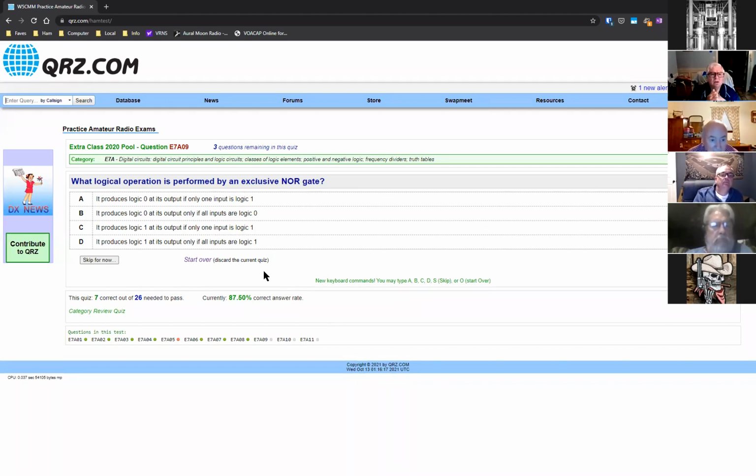Okay, now remember exclusive, if they're both logic 1, that doesn't count. It's only if one of the two. So if one of the inputs is logic 1, then the output of an OR gate would be logic 1, and then you NOR it, so that would become 0.